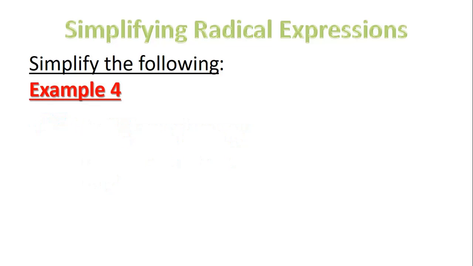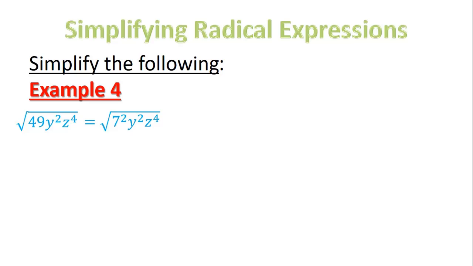Let's look at example 4, where we have both numbers and letters, a coefficient and some variables. First step here is to make sure we take 49 and we write it as a product of its primes. Well, that equals the square root of 7 squared, that's 49, y to the power of 2, z to the power of 4.